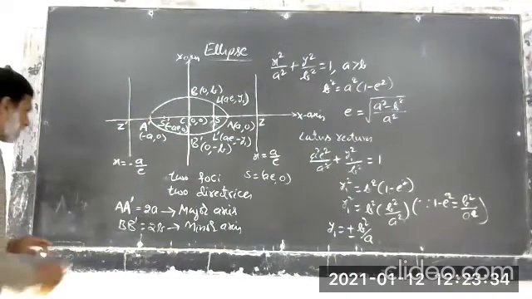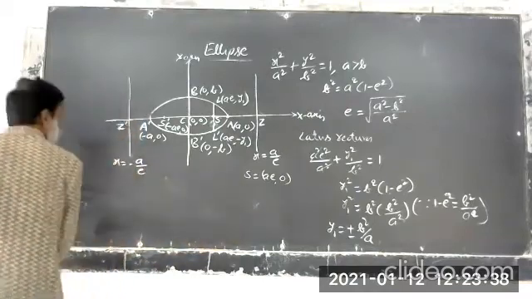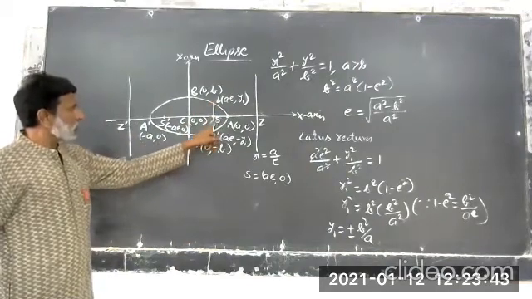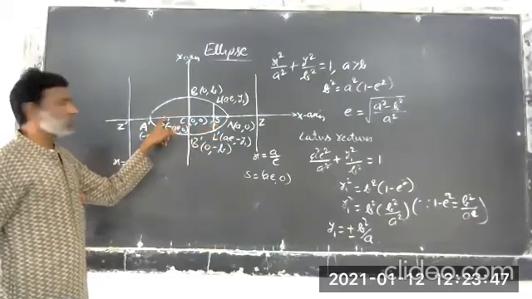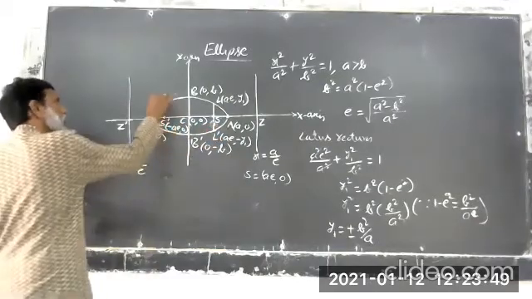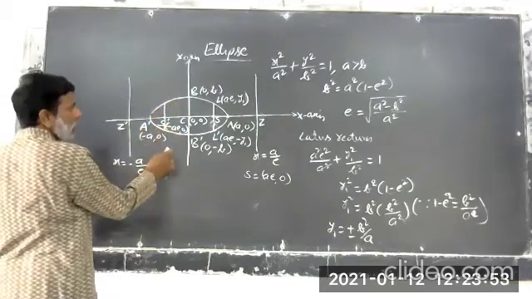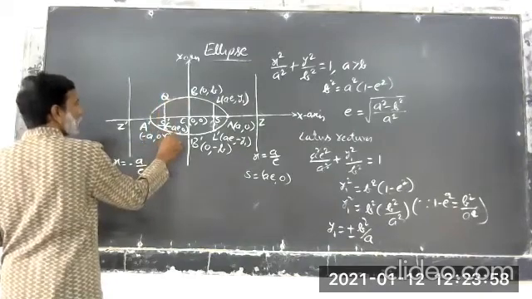So here, this is one latus rectum with respect to the focus S. Similarly, with respect to the focus S dash, there is another latus rectum, say Q and Q dash.